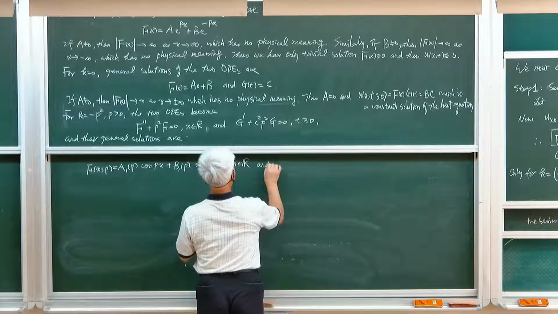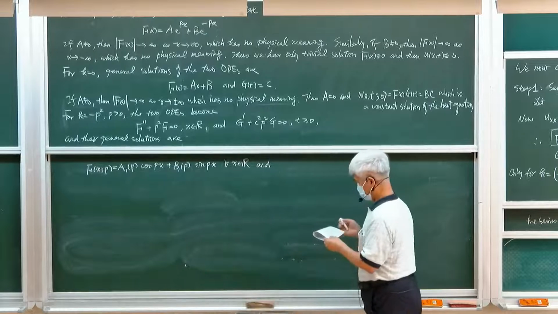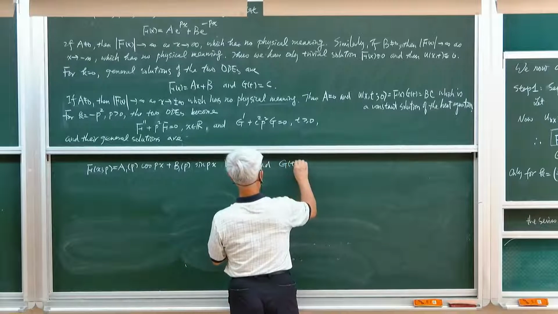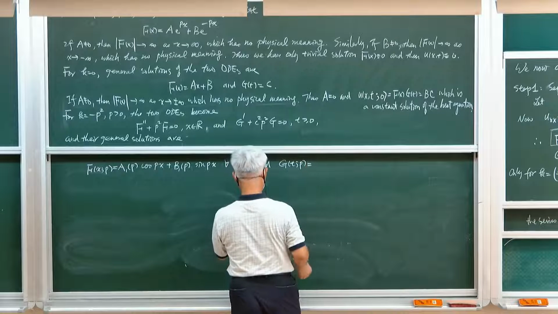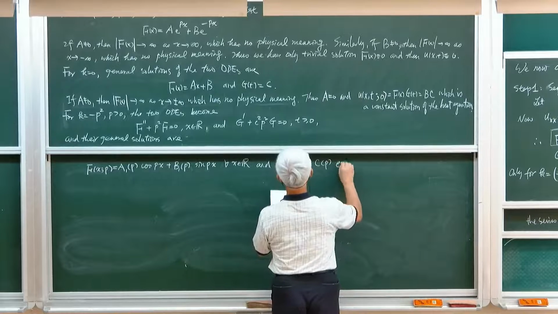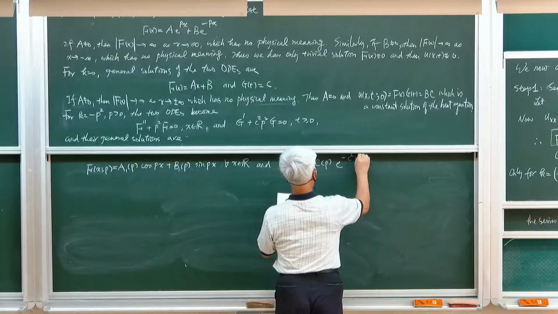And for this first order ODE, the g of t p is equal to cp e to the minus c square p square t.